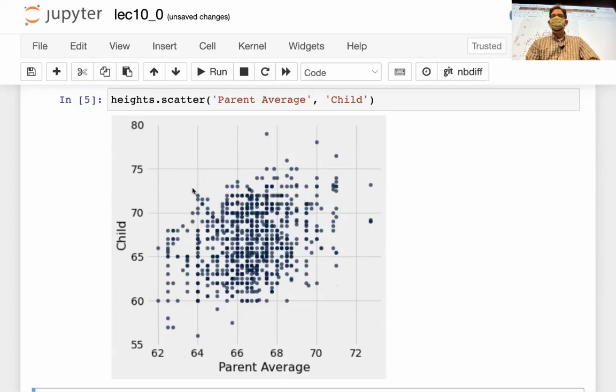But it's an awfully noisy trend in the sense that if you pick any particular, here's some tall parents, less tall child. It happens all the time. The variability between the children for average parent height of 70 inches is just huge. And that's just how it is with people.